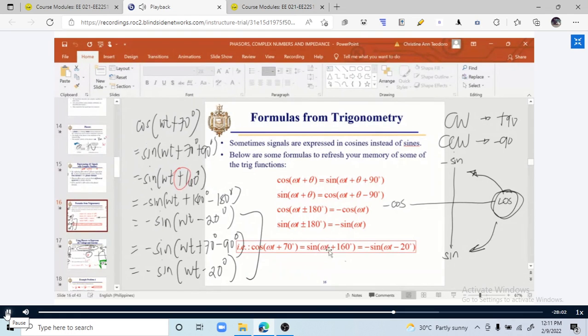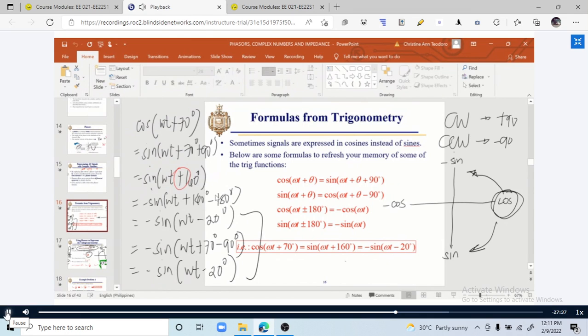Since you have sine omega t plus 160 degrees and you have a plus sign here, it means you need to apply the opposite of the plus, and that is minus. So that is negative sine omega t plus 160 degrees minus 180. Ma'am, if it is minus 160 here, we should add 180 here?